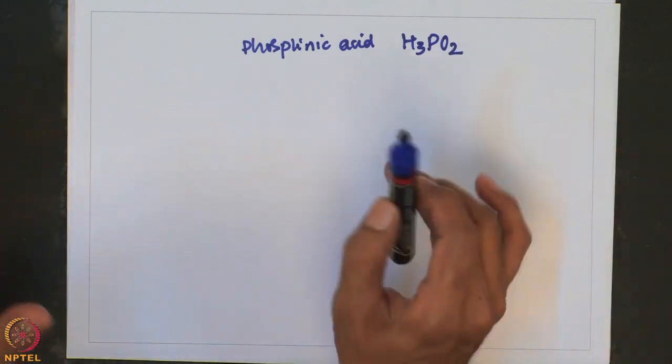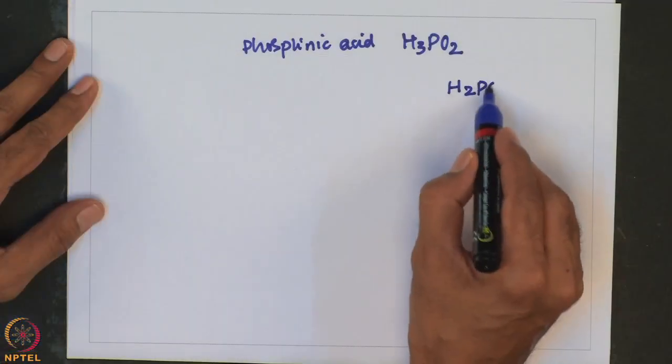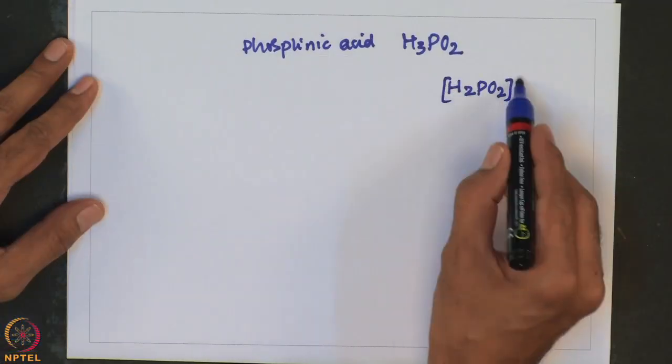So, the reaction of white phosphorus with aqueous alkali produces phosphinate ion, that is H2PO2 minus.